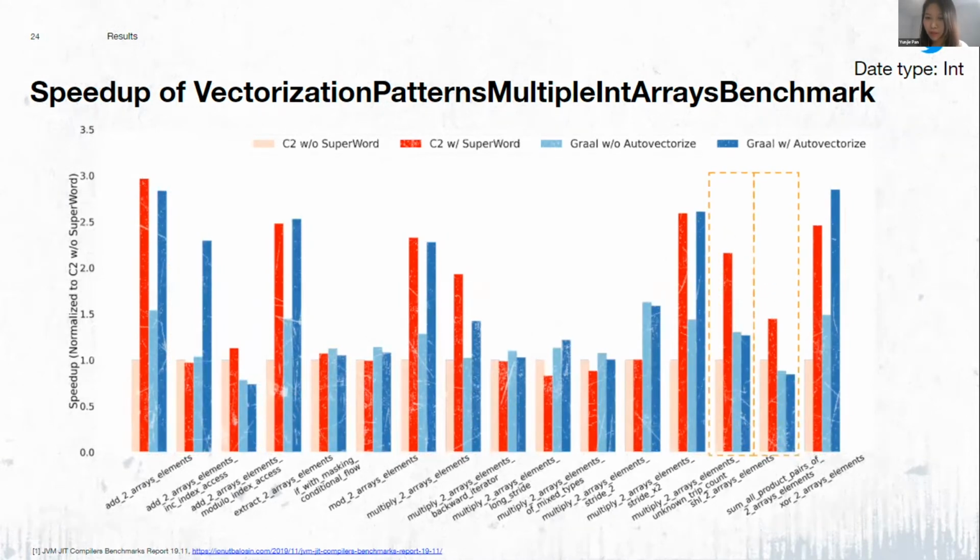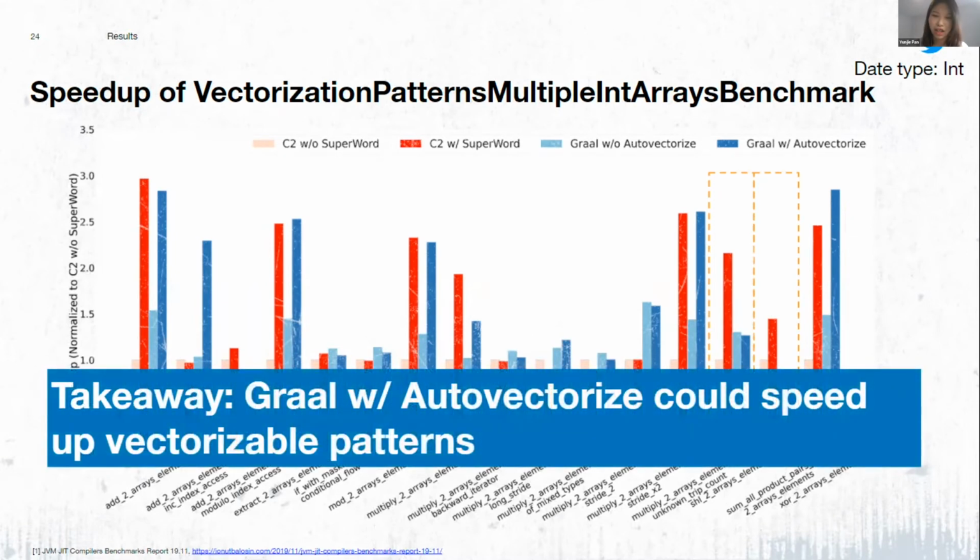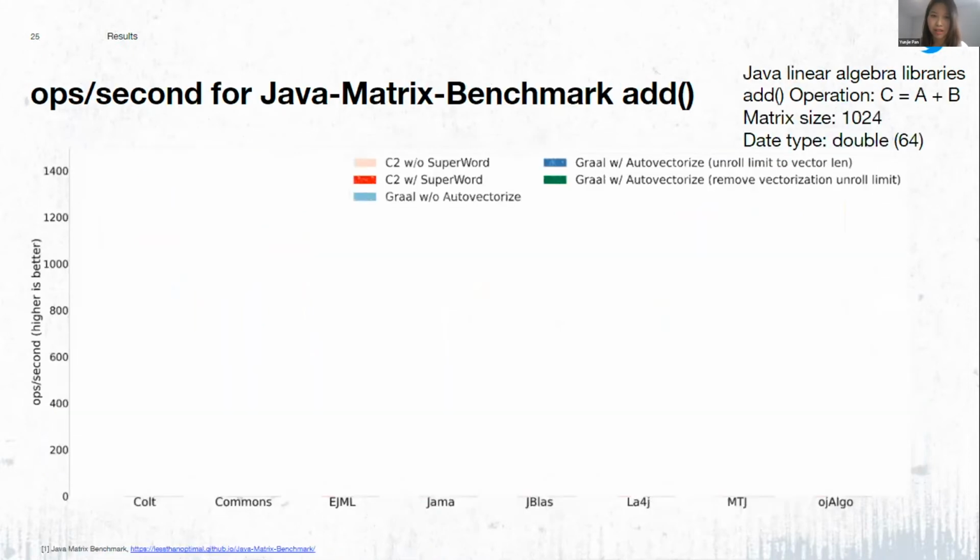But for these two workloads, Graal without auto-vectorize and with auto-vectorize have similar performance. That is because we have not enabled the shift vector instructions in the backend, but this could be fixed if we support those instructions later. So the takeaway is the same, that we could speed up vectorizable patterns.